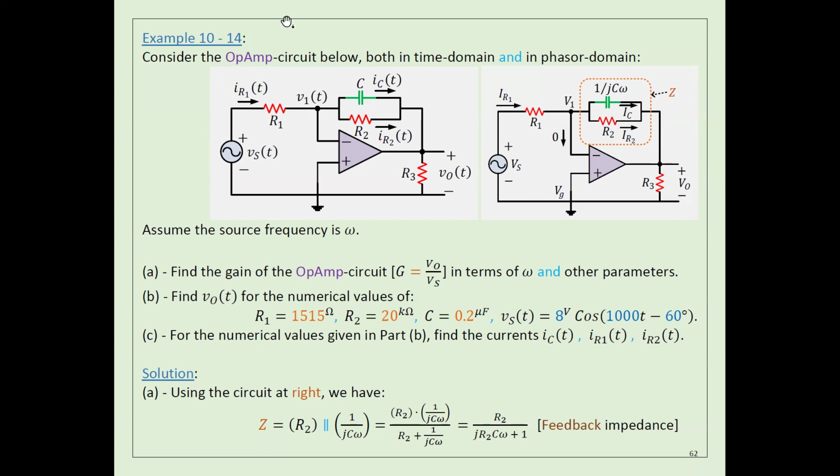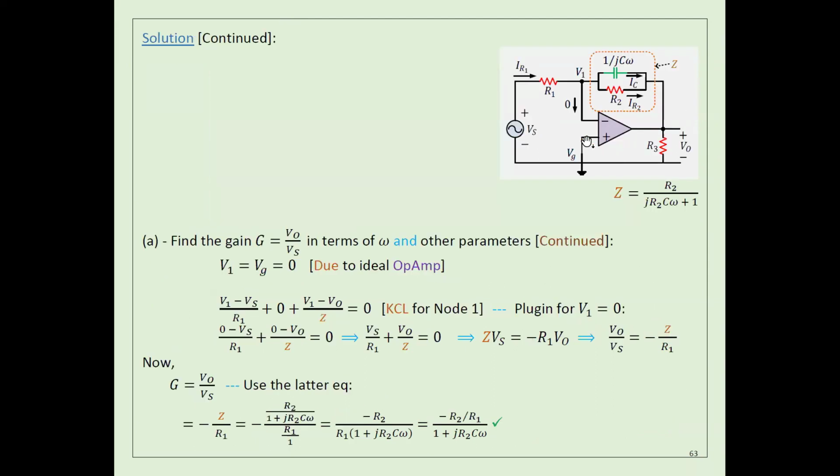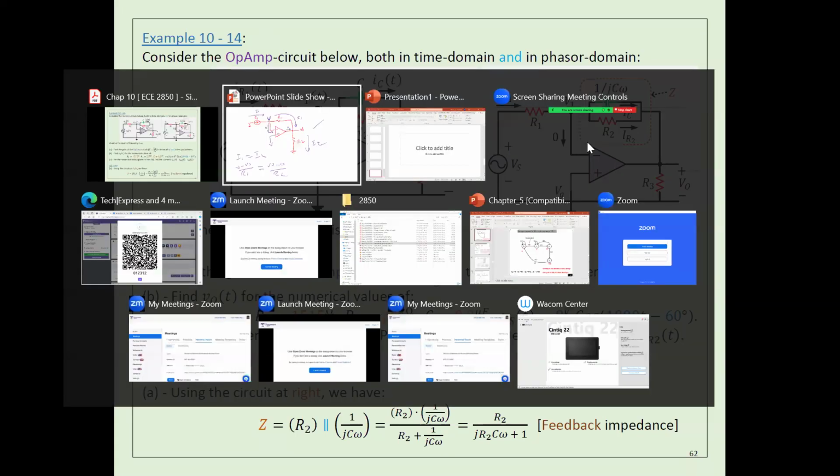However, I'm going to replace this part by an impedance. I call it Z. So now it becomes a normal op-amp, then here we have an impedance Z, then we have resistance, whatever.